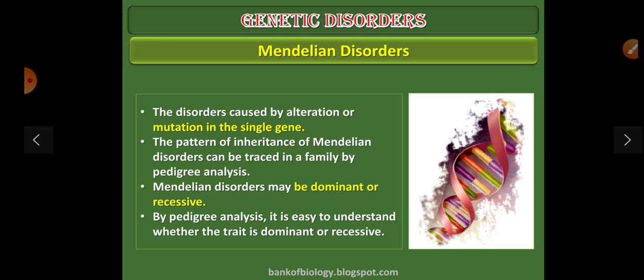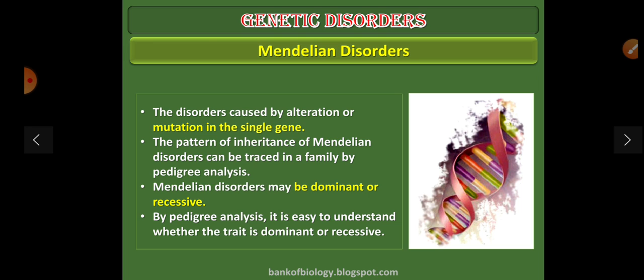A Mendelian disorder is caused by alteration or mutation in a single gene. The pattern of inheritance of Mendelian disorders can be traced in a family by pedigree analysis. Mendelian disorders may be dominant or recessive.